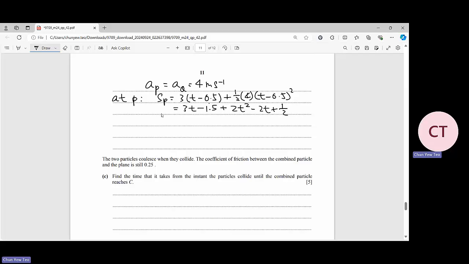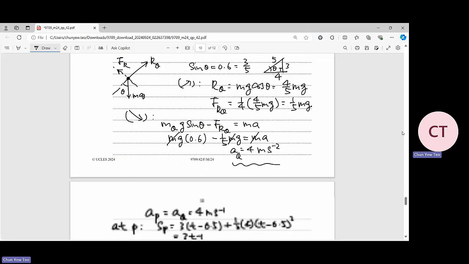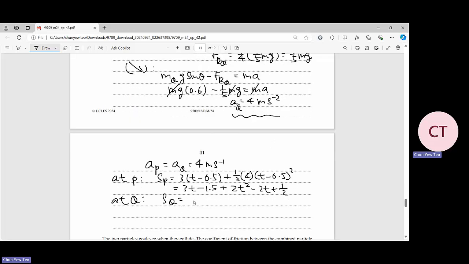Then at Q, we have s_Q. Q also starts from rest, so it will be only half a t squared. Half a t squared gives you 2t squared.